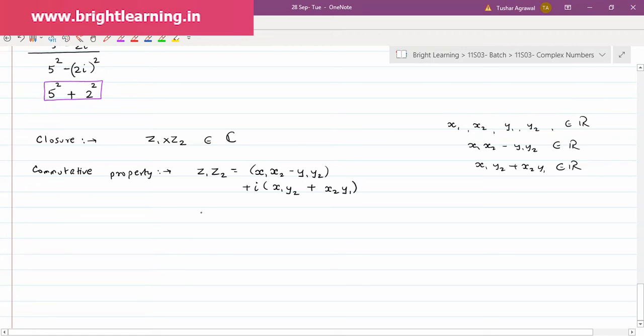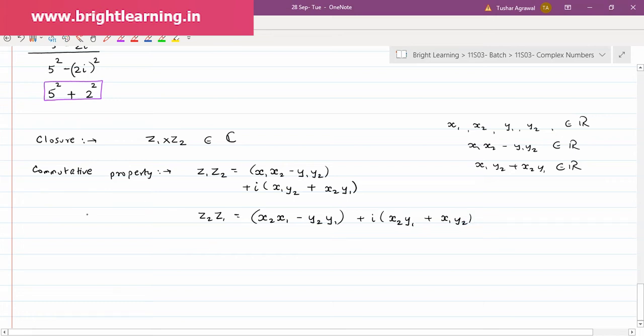And what is z2 z1? Just instead of x1 I will have to write x2. x2 x1 minus y2 y1 plus i times, instead of x1 y2, first term will be x2 y1 and the second term will be x1 y2.